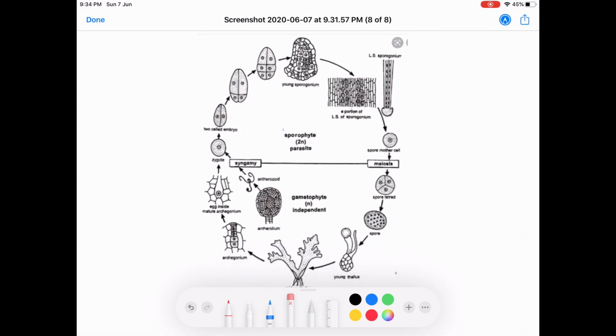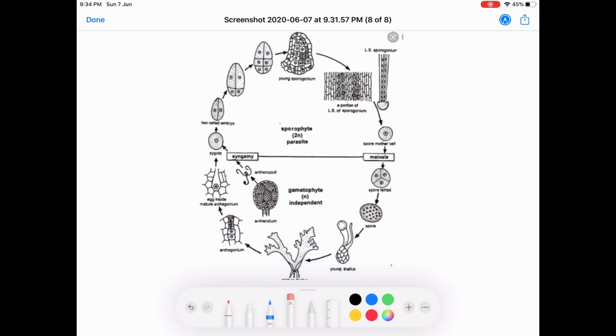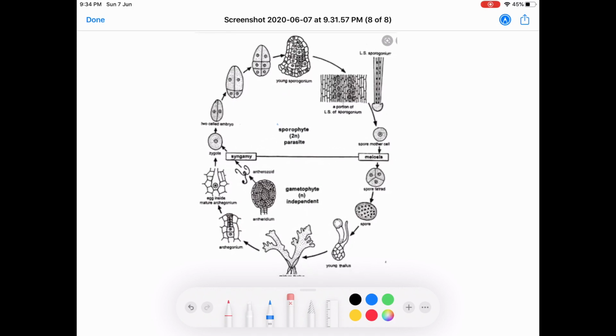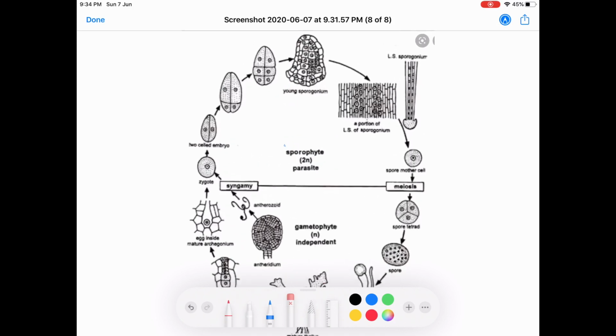Here you can see the diagrammatic representation of the life cycle of Anthoceros. Here the major portion of the life cycle is represented by the gametophyte, which is haploid. It produces haploid antherozooids and haploid egg cells.